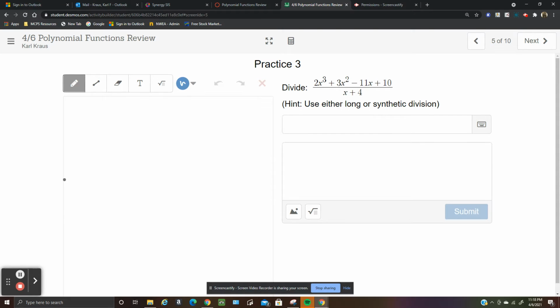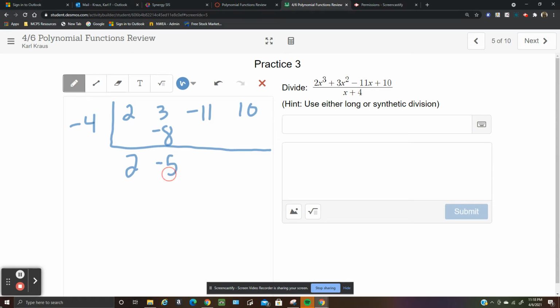And then number 5, if I use synthetic division here, would be negative 4. And then in the bracket is a 2, 3, negative 11, 10. Bring down the 2, multiply, negative 8. Add, you get negative 5. Multiply, you get 20. Add, you get 9.